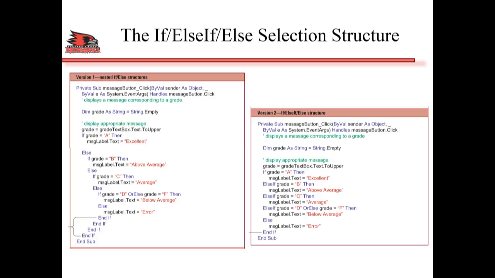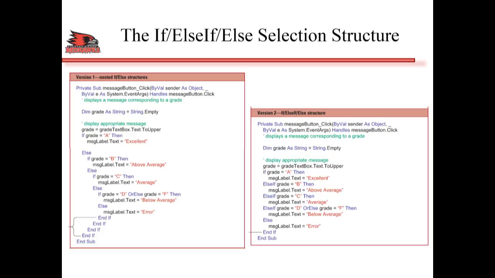After the user inputs something in the text box and you assign it to the grade string, it checks for the grade and has several nested if-else structures based on the grade itself.